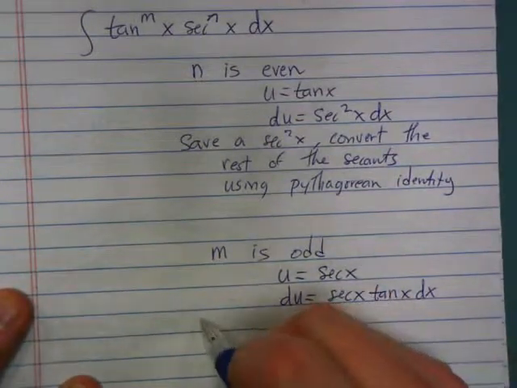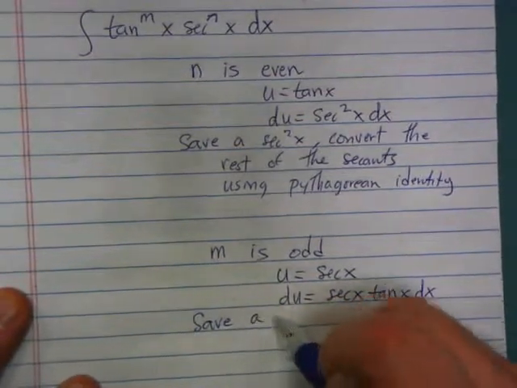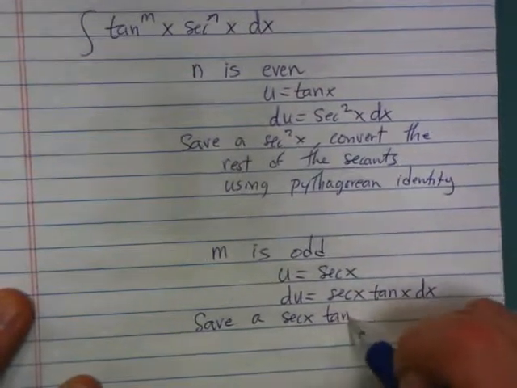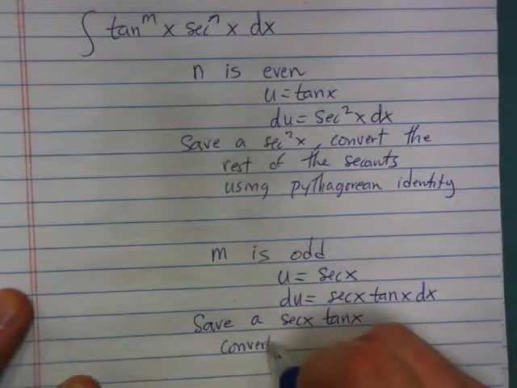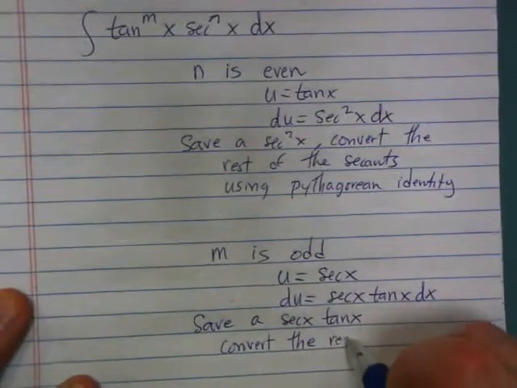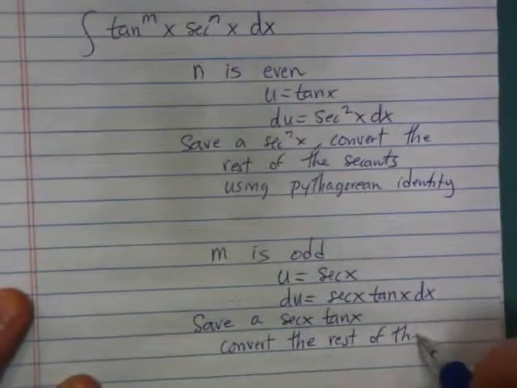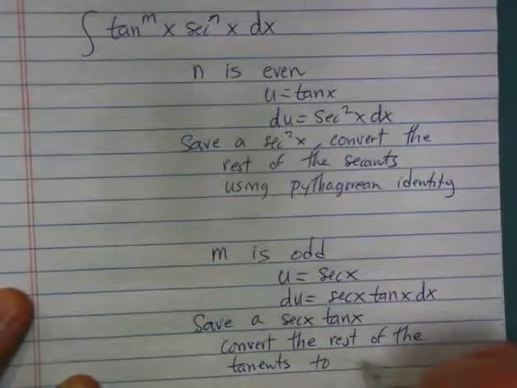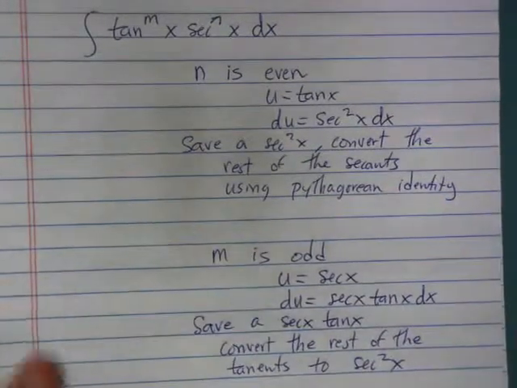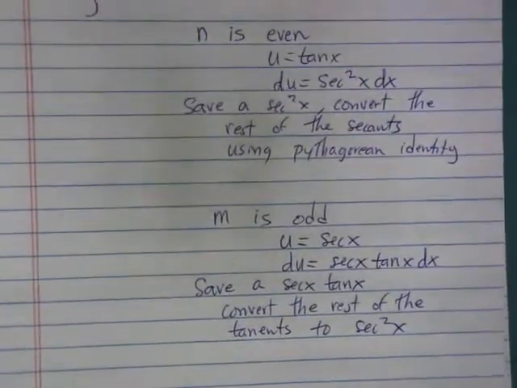So in this case, you want to save a secant x tangent x, and convert the rest of the tangents to secant squareds. I think that one's a little harder to remember.